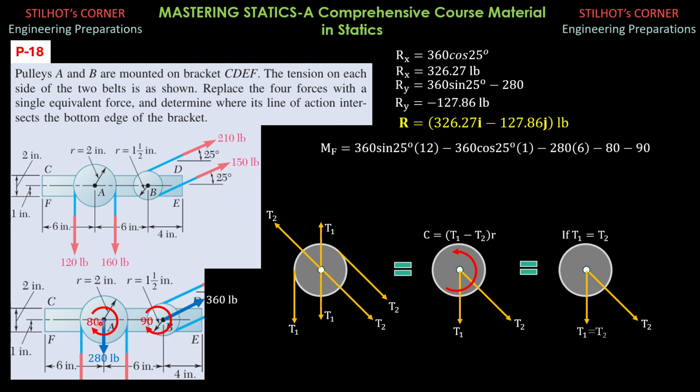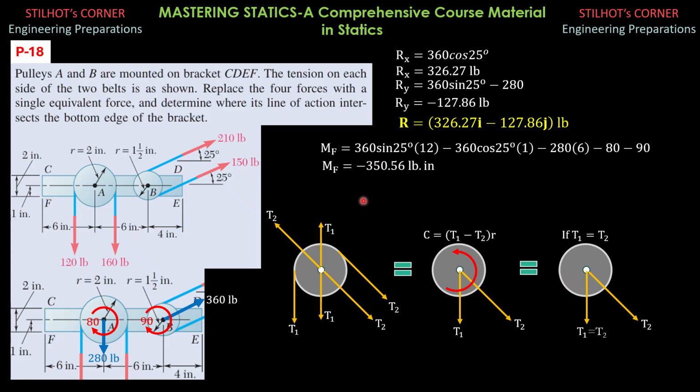Then for this 280 pound force, which is downward, it is clockwise about F. So minus 280 times 6. Then the two clockwise couples, minus 80 minus 90. So moment about F is equal to negative 350.56 pound-inch, indicating that the moment about F is clockwise.